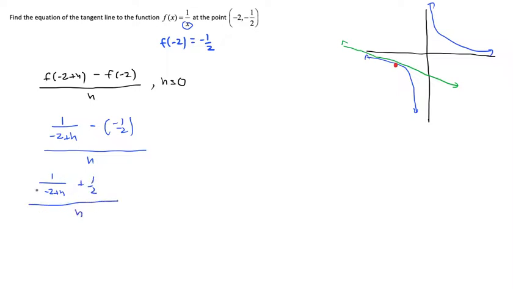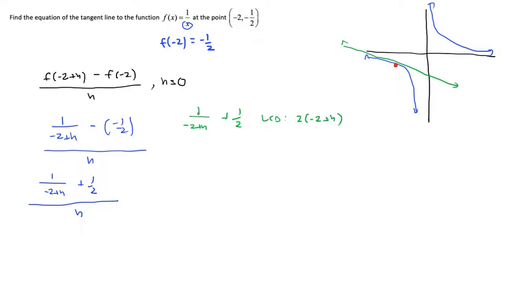So here we have what is called a complex fraction. As a complex fraction, we do want to combine these into one term. Can we add 1 over -2 plus h plus 1/2? To get the LCD, in this case the LCD is just 2 times -2 plus h.